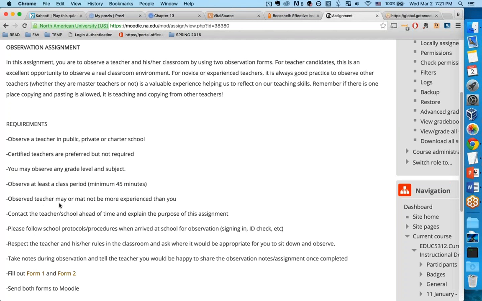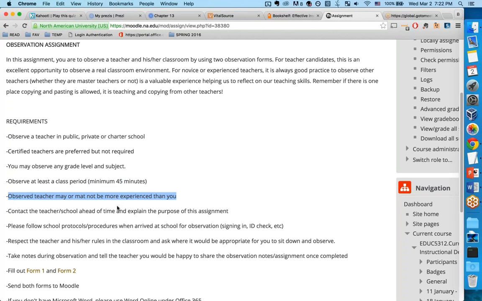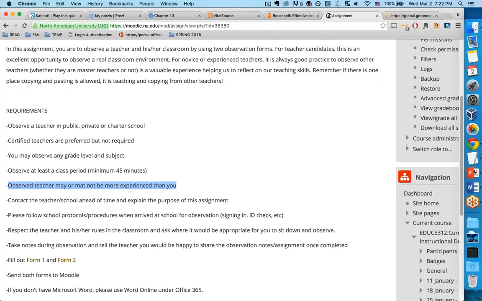The observed teacher may or may not be more experienced than you. This is acceptable. One thing you will need to do, of course, is get permission from the school or from the teacher. Sometimes if you know a teacher friend, or someone working in a school, just ask them personally if you can visit their classroom.